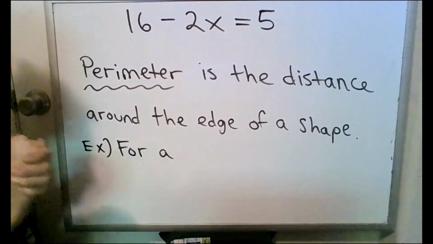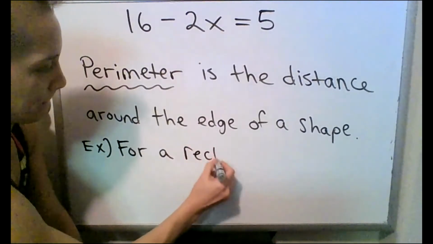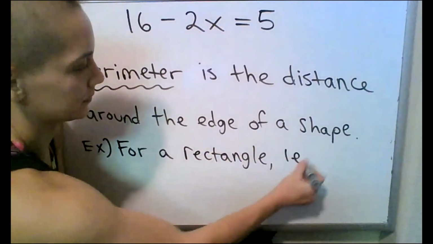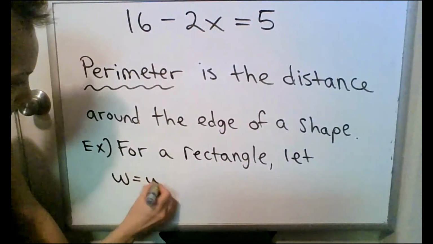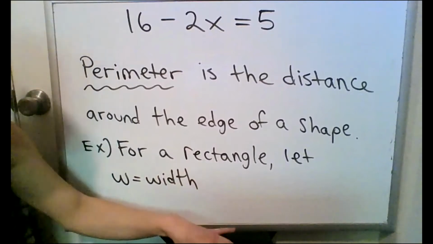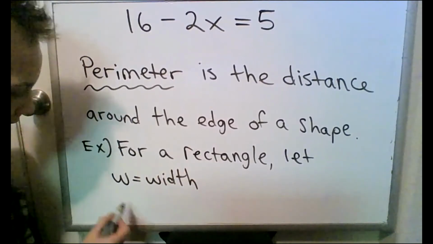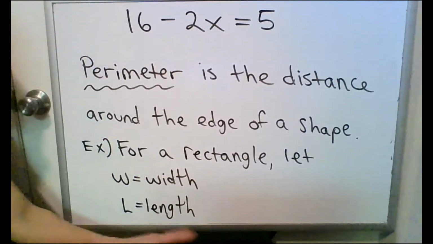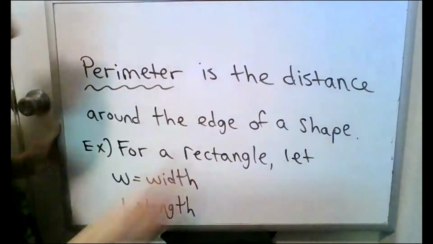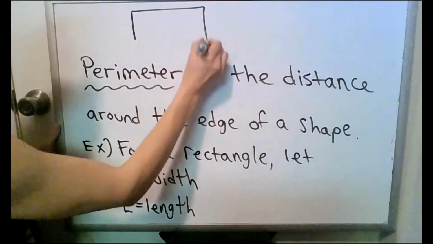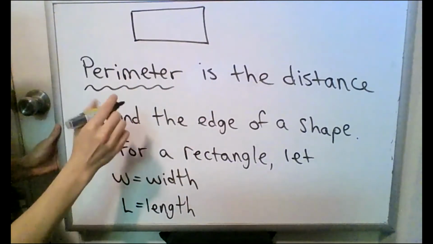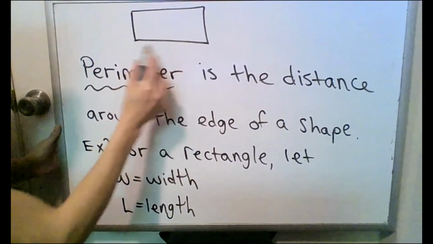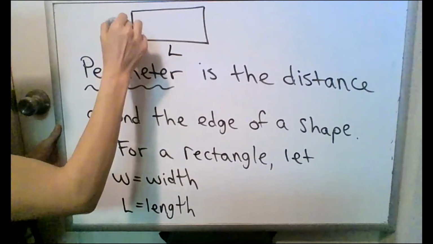We're talking about a rectangle. We're going to let W be the width. And we're going to call L the length. I'm going to use capital L. And we'll draw a sketch. So we're trying to go around the edge of that shape, where we're going to call this side the length, and this side is the width.